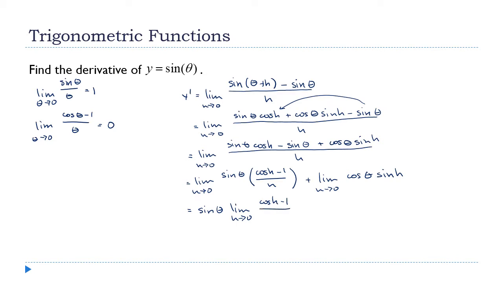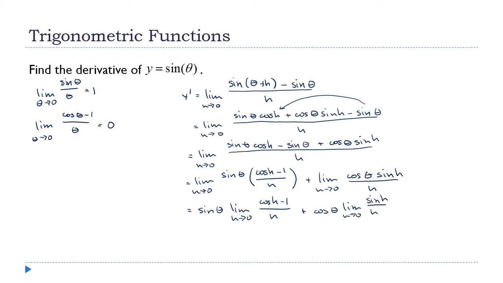over h, plus, and I'm going to do the same thing here with the cosine. That cosine of theta doesn't have an h in it, so I'm going to bring it out in front. Cosine theta, limit as h approaches 0 of sine h over h.